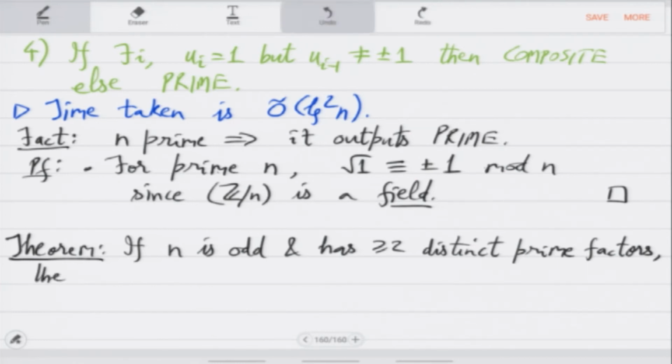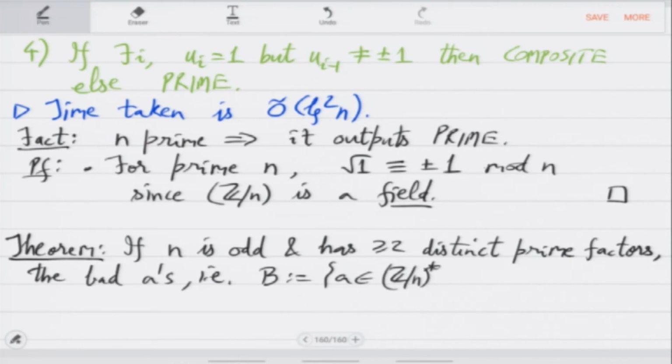Then the bad a, that is in Zn star, for which the test is failing. I mean, test is failing as in for which the algorithm is saying prime, right?